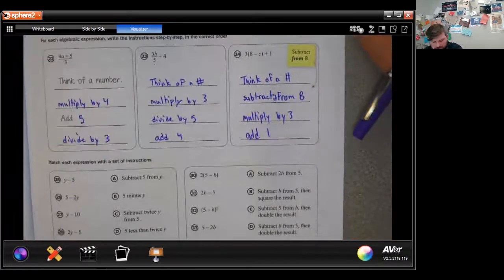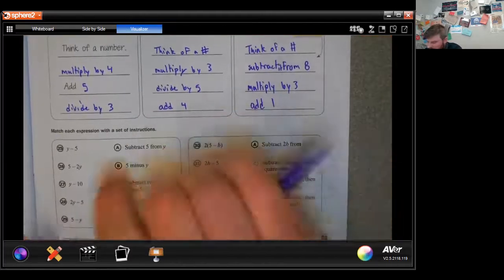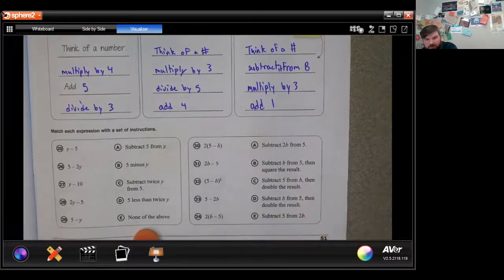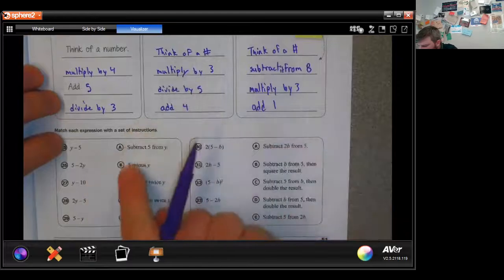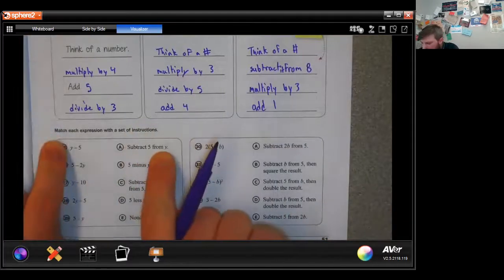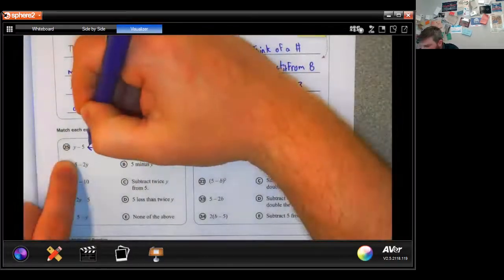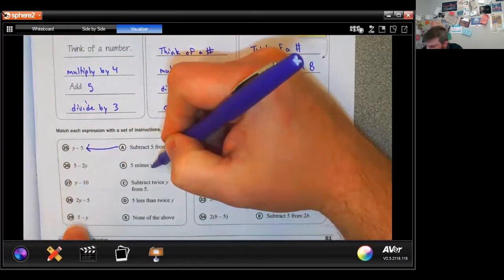All right, 25 through 34. All of these are just matching with the sentences here. Okay. And there is a none of the above on this one, but not on this one. Okay, subtract 5 from y. So this one subtracts 5 from y. 5 minus y.